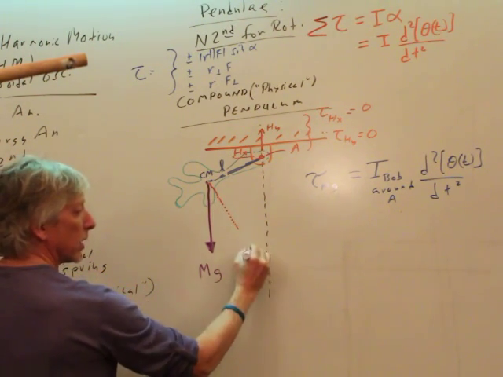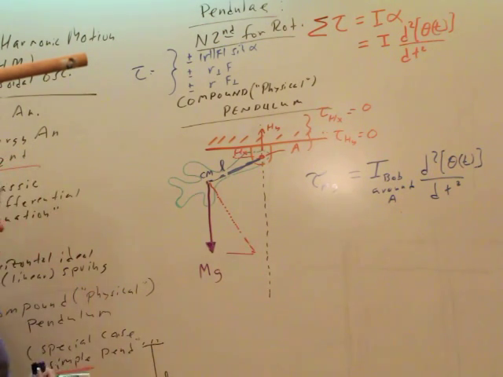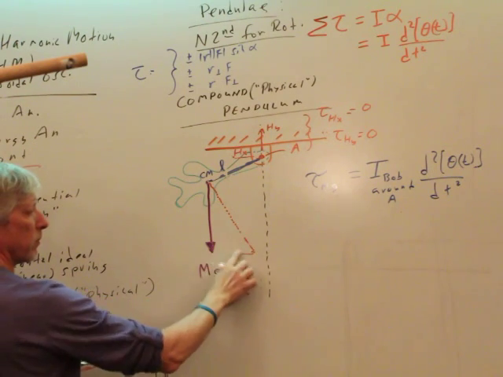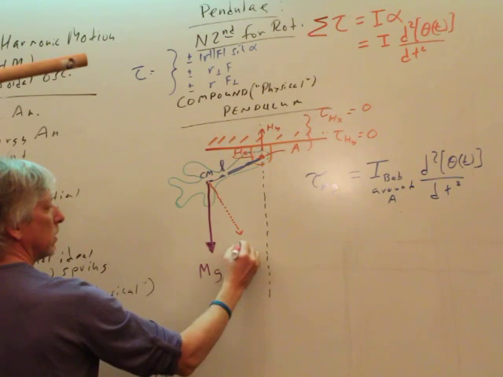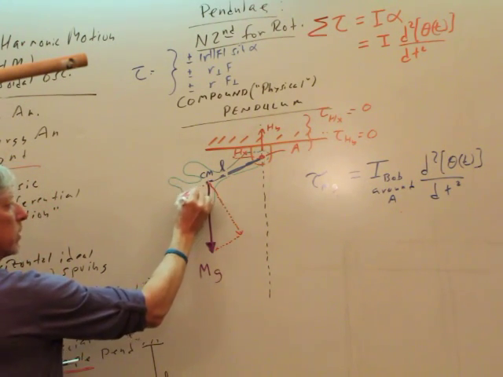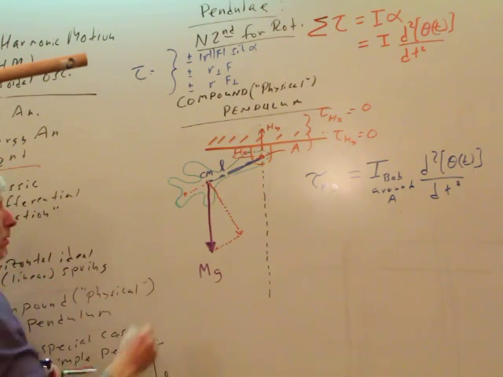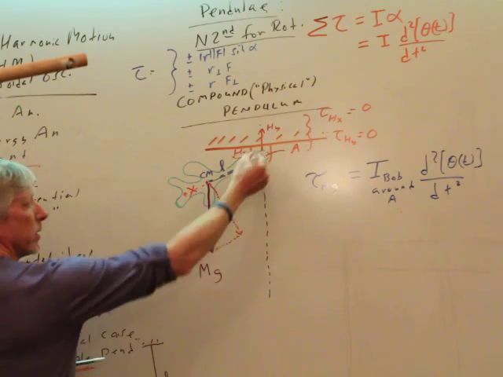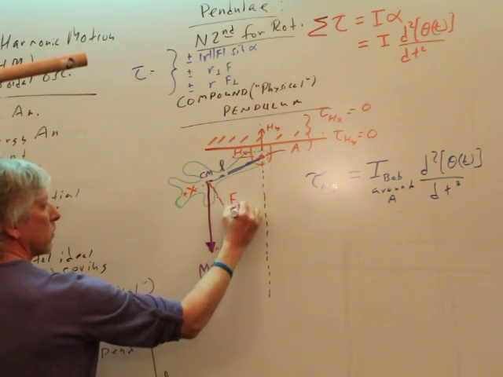I don't keep going down to here, right? If I went down to here, that doesn't make sense, because these are components and they're not perpendicular. I need to head down here and here. Of course, you can draw that up here. But hey, is that torquing? Heck no. That's not going around A. This is going around A. So this is F perpendicular.